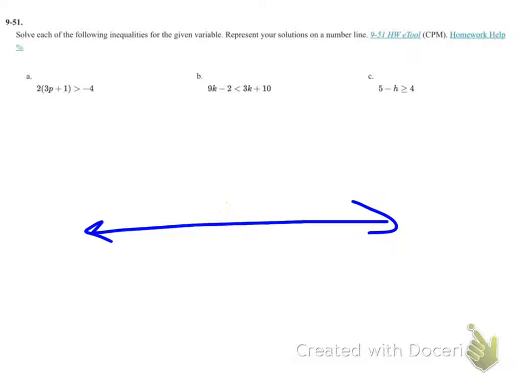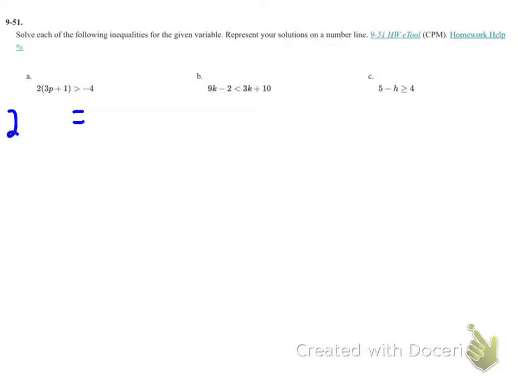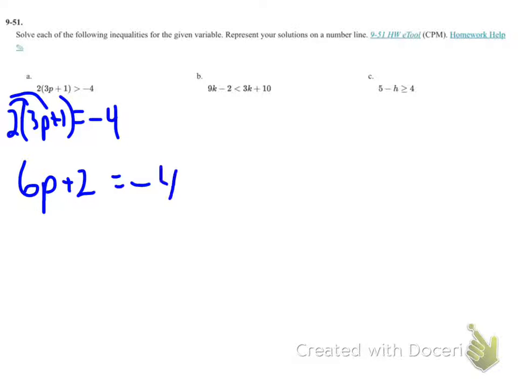To figure that out, we actually want to figure out when, instead of this being an inequality, when is it equal? So I'm going to take 2 times 3p plus 1 and figure out when it equals negative 4. I'm going to distribute the 2 here and get 6p plus 2 equals negative 4.